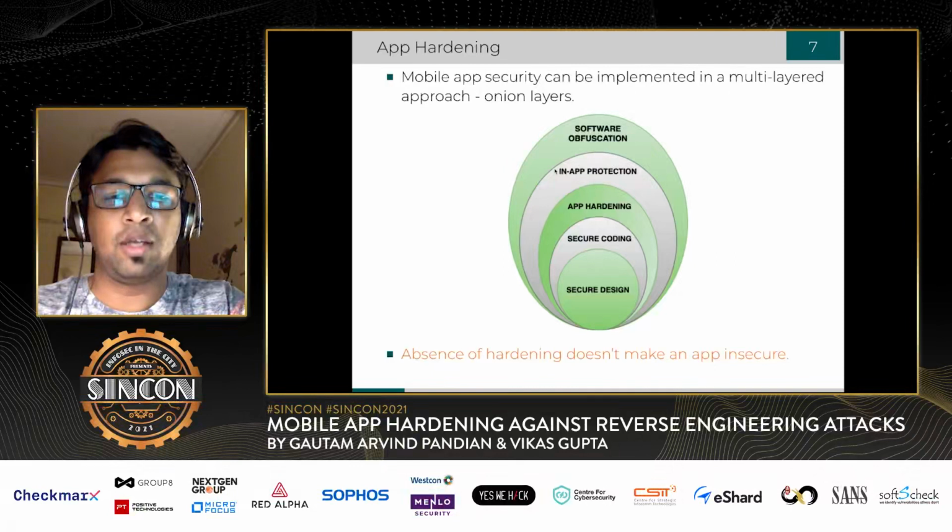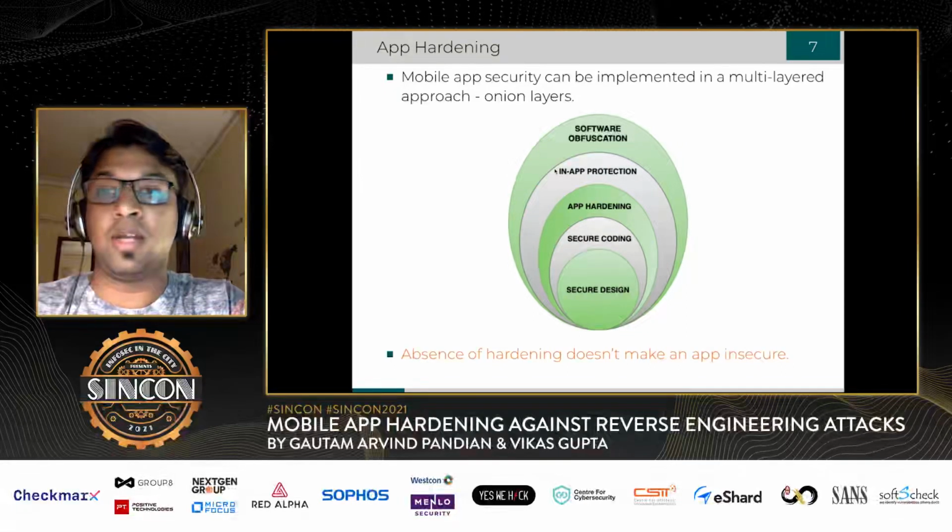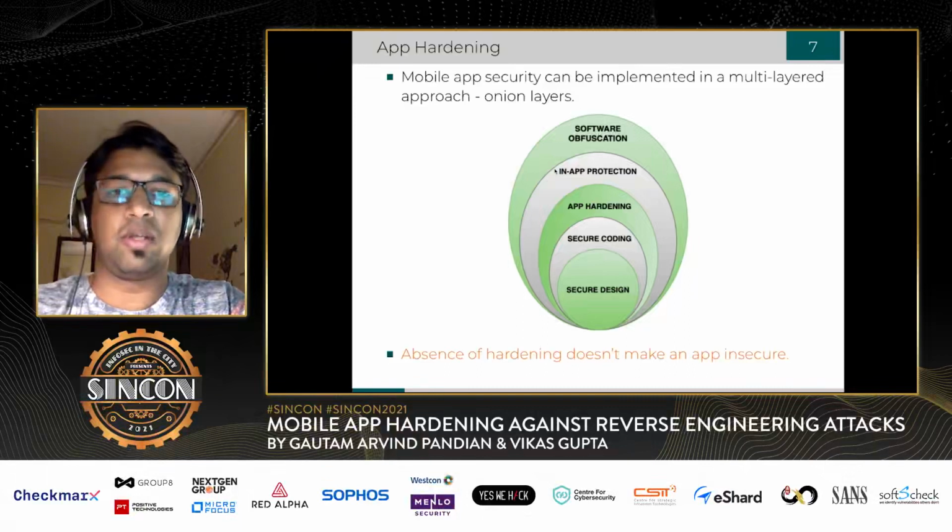It refers to having self-defenses, for example, detecting whether a device is jailbroken or rooted, whether a hooking framework is present in the process memory, or whether the application is running in an emulator. So you can check for these parameters like jailbroken, emulator, hooking detection or debugger detection, and then react accordingly. That is what comes under in-app protection. And of course the last one is software obfuscation, like having control flow obfuscation and opaque predicates in your code, so that understanding and reverse engineering the code is difficult.